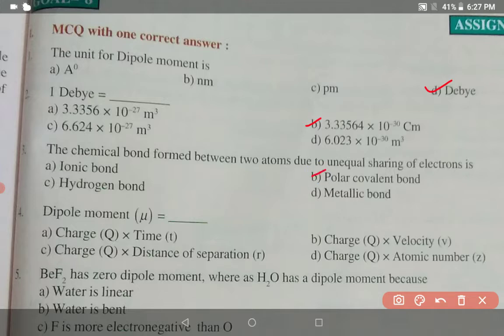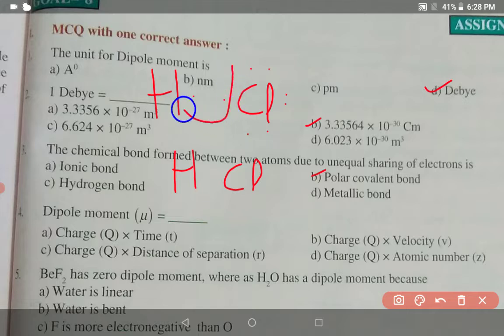So I'll give you one example for a non-polar covalent bond. When you have HCl, what is happening here? H has only one dot in its structure, as you all know. Here are 1, 2, 3, 4, 5, 6, 7 dots, because the valence is 7. There is an equal distribution.